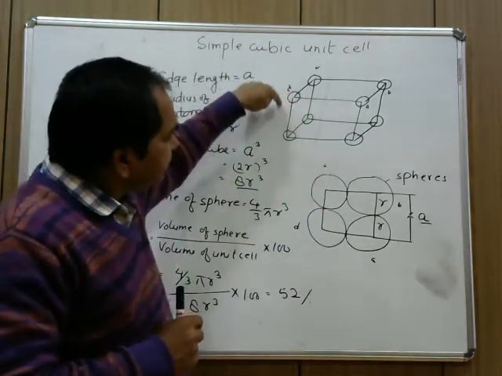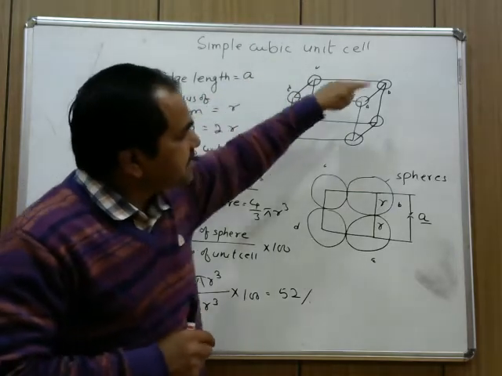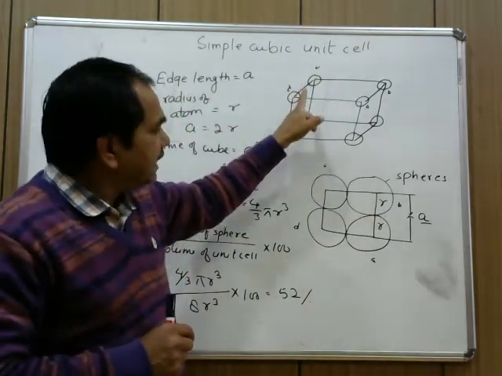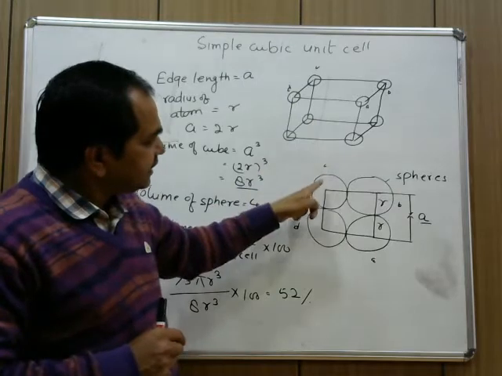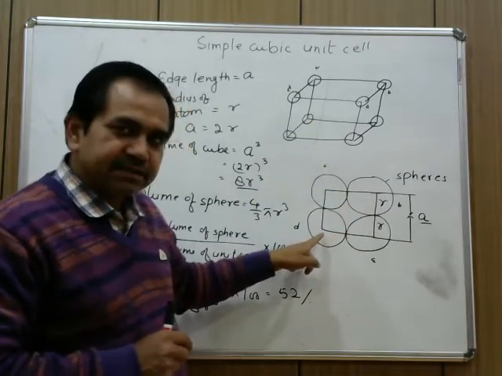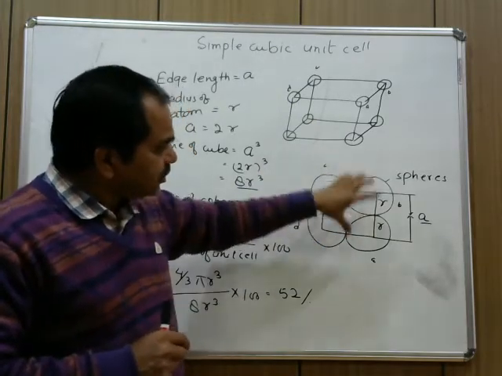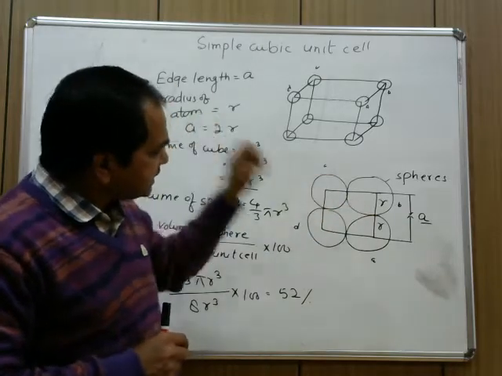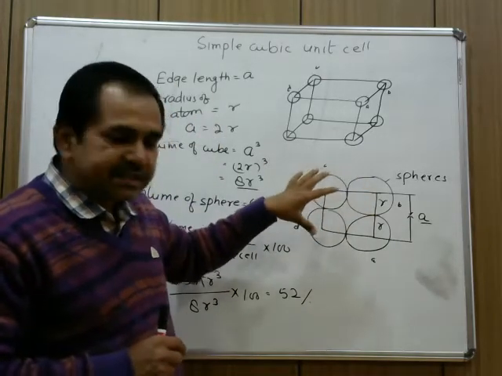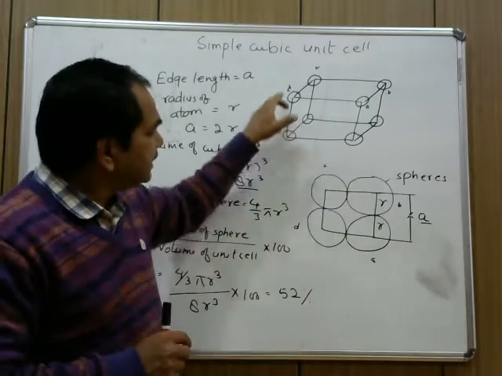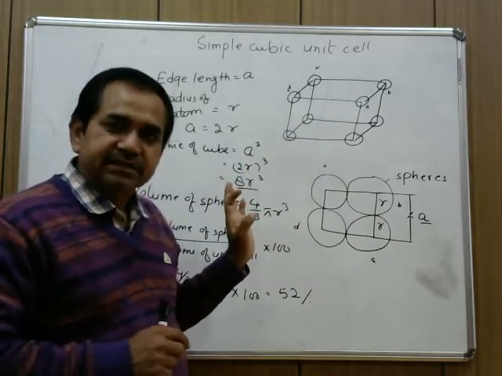For a simple cubic unit cell, particles are only present at the corners, and these particles are touching each other in this way. This is a top view or bottom view, or you can say this is a view of spheres. That is how they are placed at these corners.